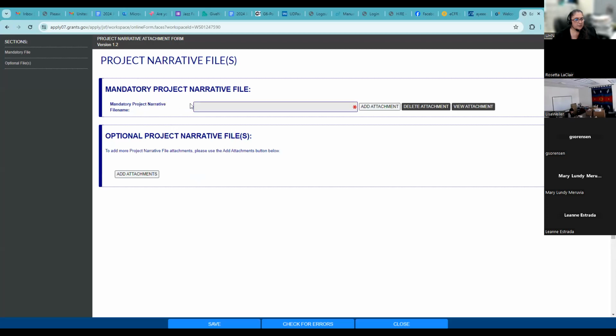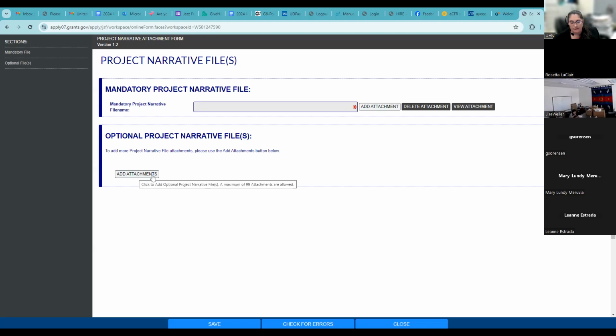So typically, the mandatory narrative you would add here. If there are some optional things, there's not a whole lot of guidance in the information on whether or not your appendix potentially could go as an added attachment here.